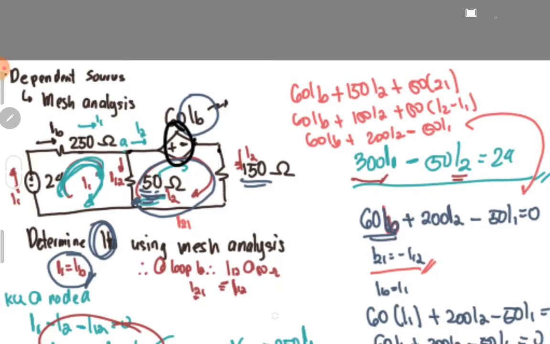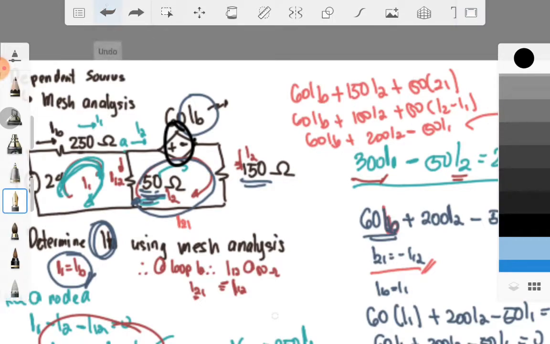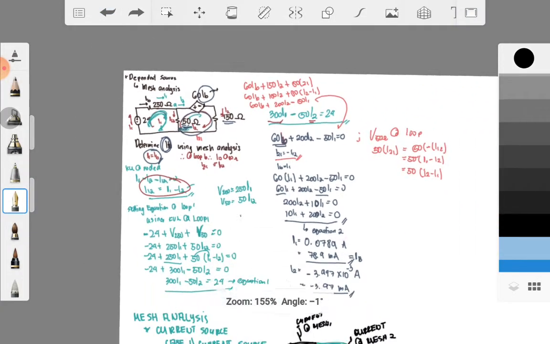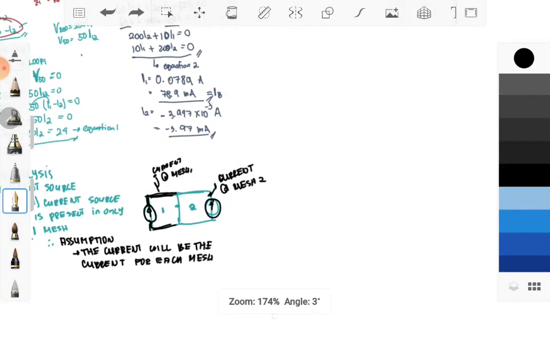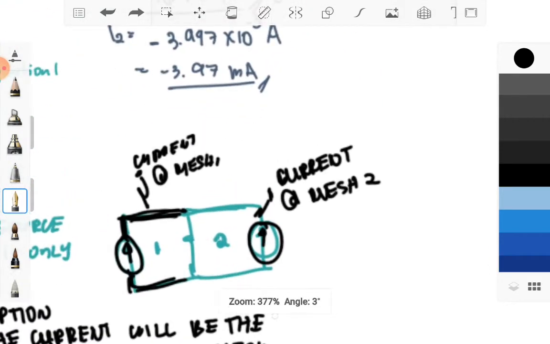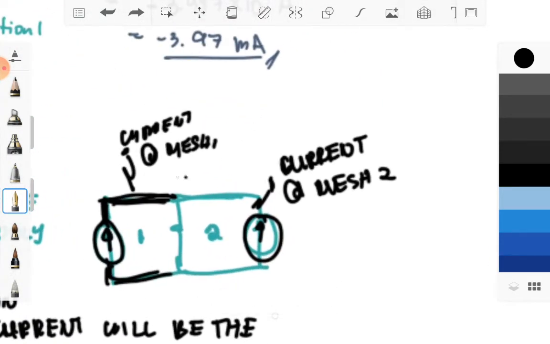Okay, so in this case, since current source yung tinutukoy natin, whatever current na nandito sa magkabilang mesh will be the current at mesh 1 or at mesh 2.